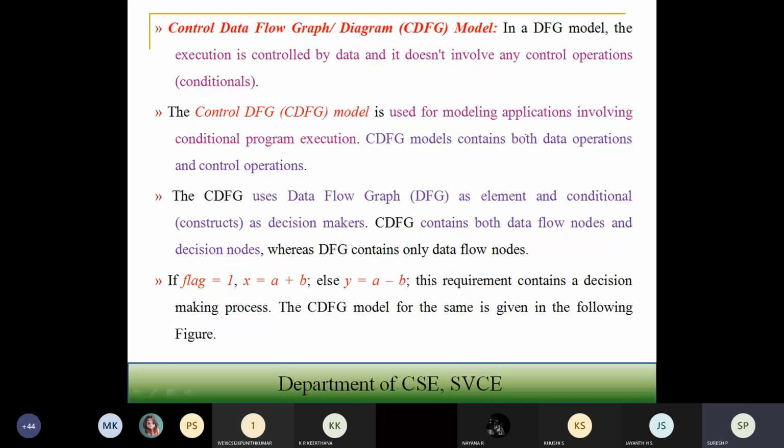So the next type of model is the control data flow graph. So here you can see, you are going to have the control flow graph.